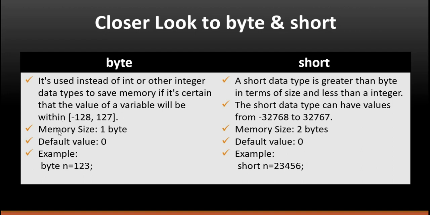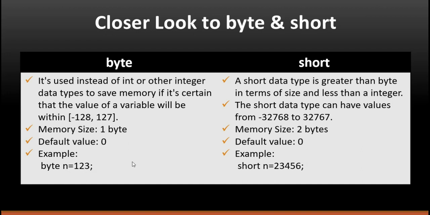Byte data type occupies 1 byte of memory, and the default value for byte is 0. The default value for any numeric non-fractional data type is always 0. Here is the example: I have declared variable n equal to 123 and the data type is byte. If I try to store the value 128 or larger than this range, we won't be able to store that value.